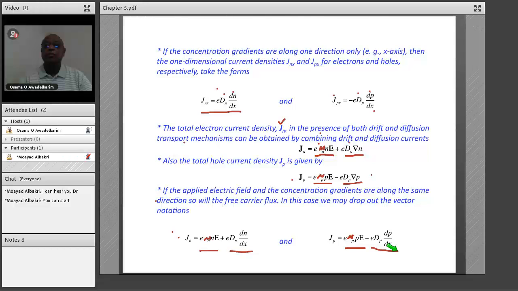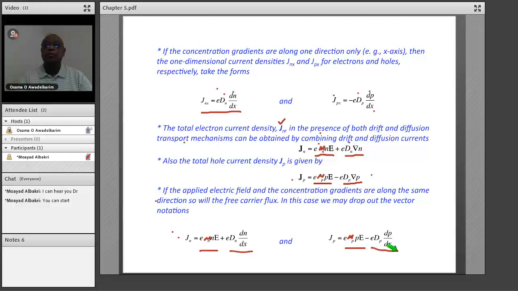Another mechanism that moves carriers is diffusion. And that is if you have differences in carrier concentration in different regions. The mechanism that moves carriers in this case is diffusion.